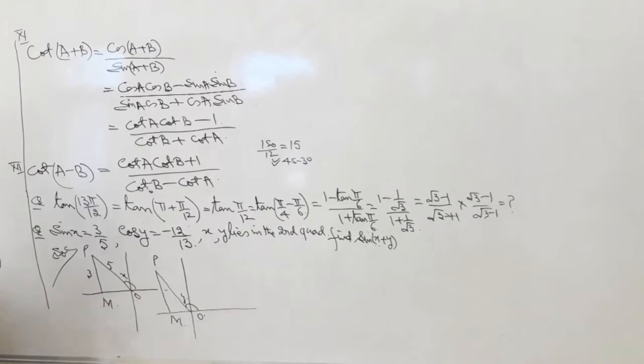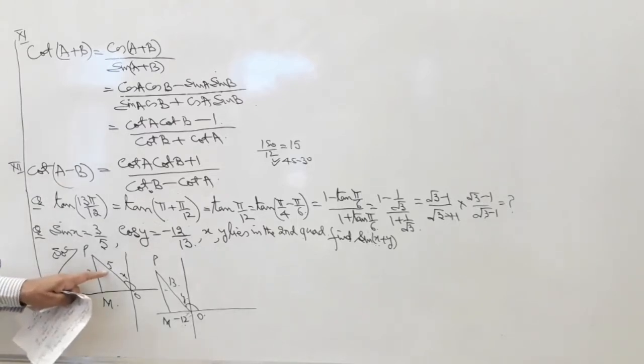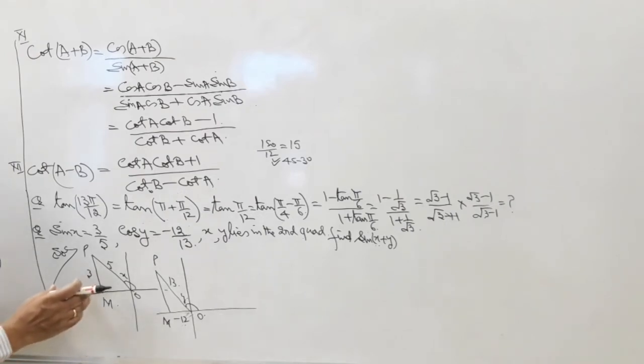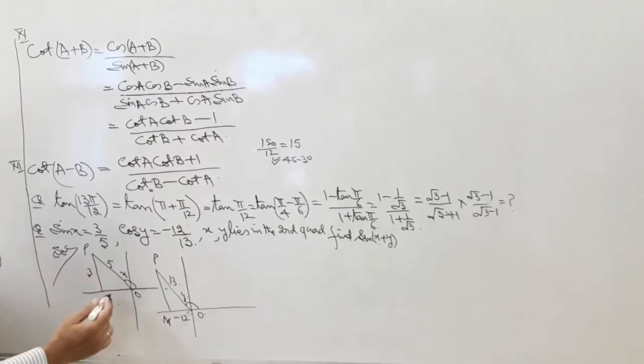And in the same second case, cos y is minus 12 by 13. It is minus 12, in the second quadrant. It is 13. Now calculate the third side using Pythagoras. 25 minus 9 is 16, so it is minus 4, because it is in the second quadrant.